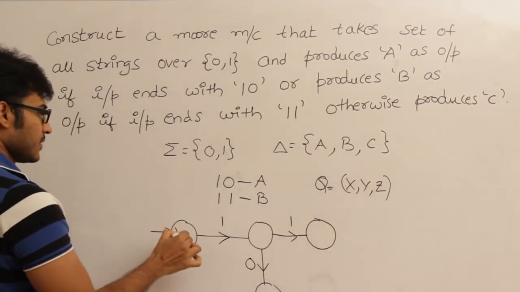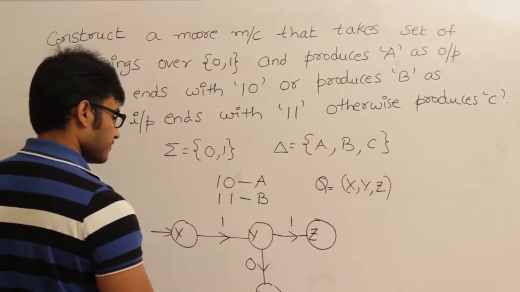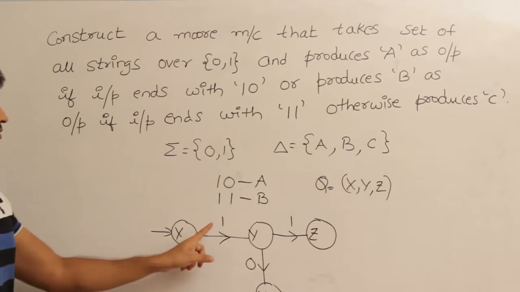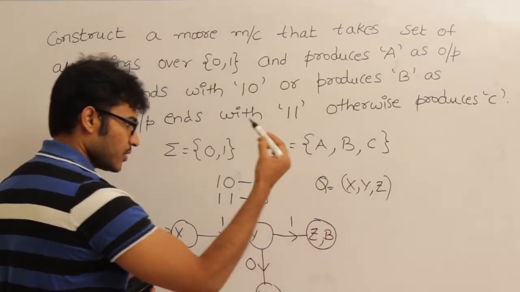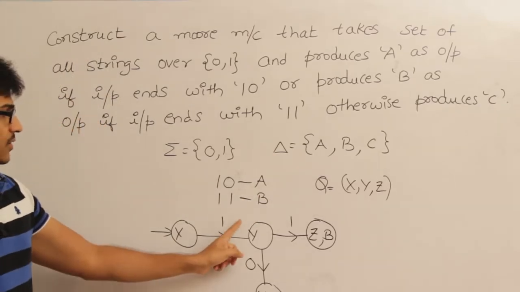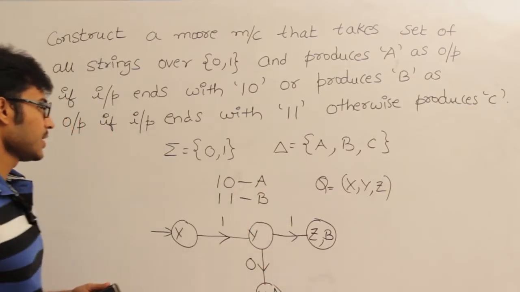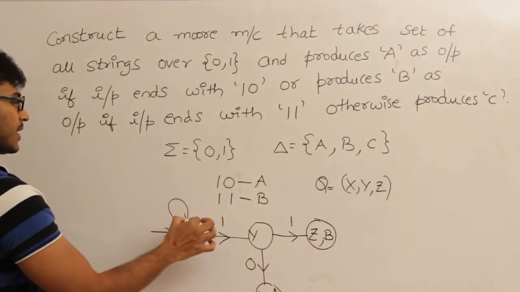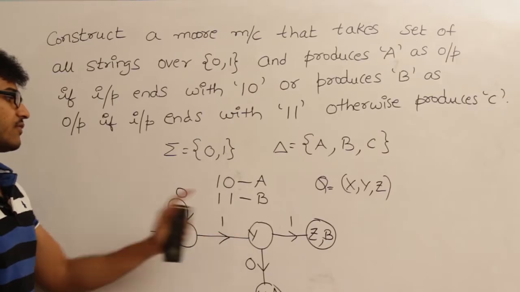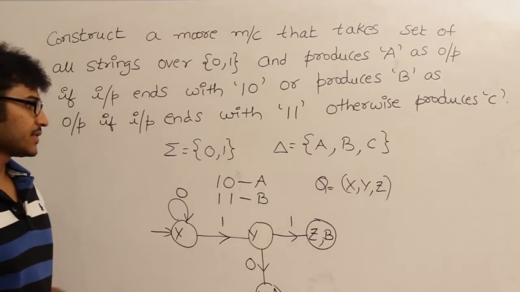If the input is going to end with 1 1, I should print B. So in Z I am going to print output as B, and if the input is going to end with 1 0, I have to print A. Therefore here I am going to print A. So let's finish the deterministic finite machine. In X, if I see any number of zeros, I should just wait for 1, and this is complete. And Y can see 0 or 1, that is complete.